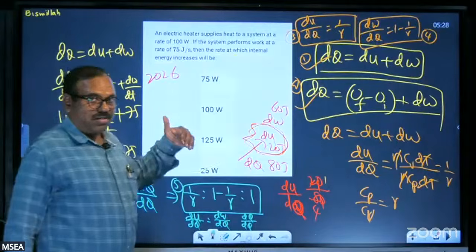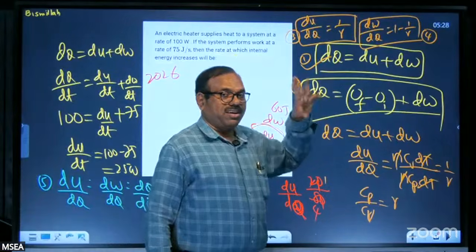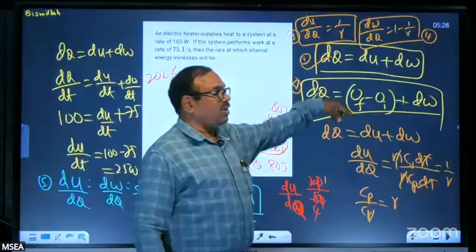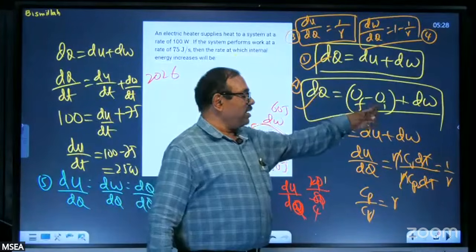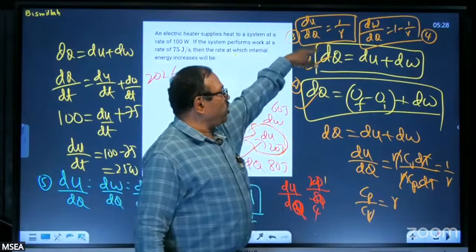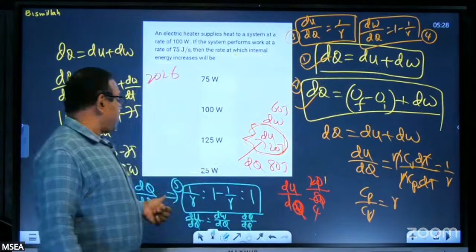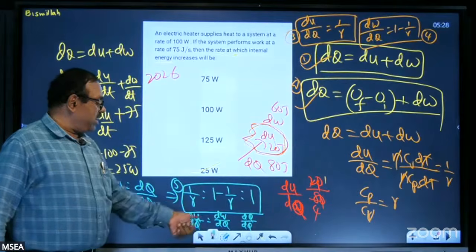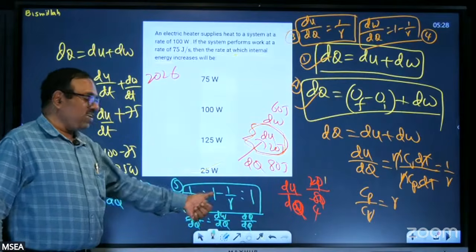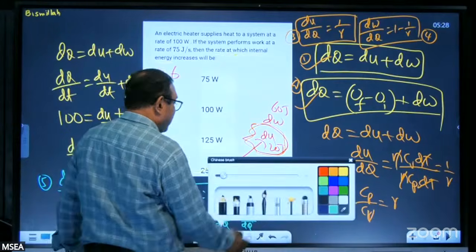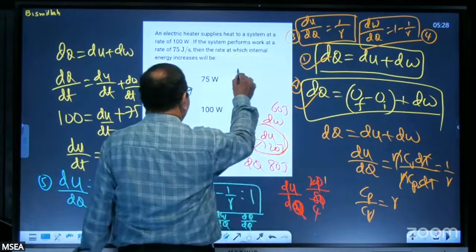So in the first law of thermodynamics, you must remember these points. One is dq equals du plus dw, where d is the change in internal energy. Also du by dq is 1 by gamma, dw by dq is 1 minus 1 by gamma, and the ratio of du by dq, dw by dq, dq by dq is like this. And one very important thing: the expression for du.